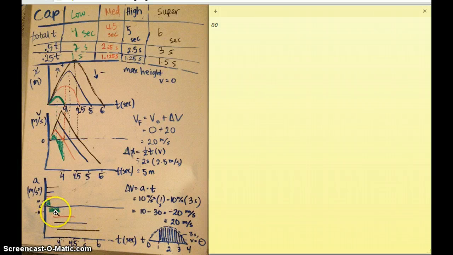So instead of these 4 separate lines, you would see one whole line going across for each of these launches. But the initial acceleration would be different because each launch had a different amount of power. That's why there's different caps. And that's why some rockets were launched higher into the air and took longer to come down.